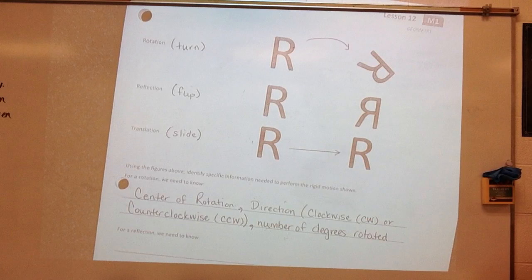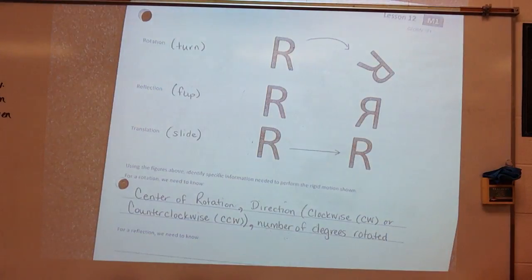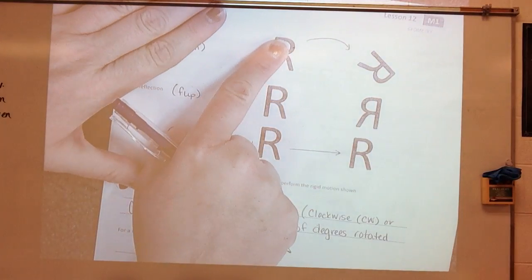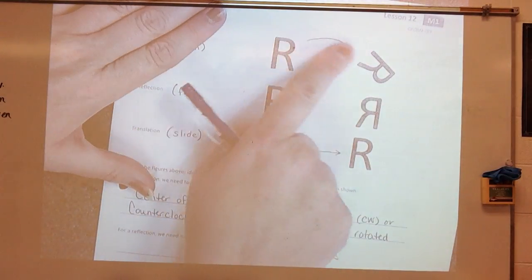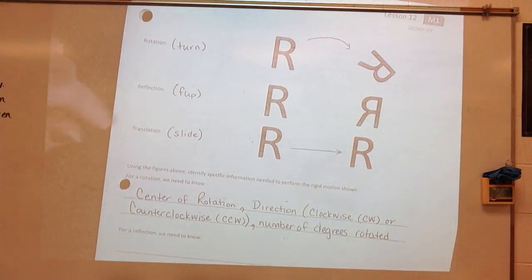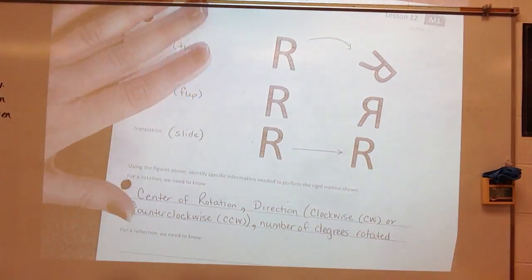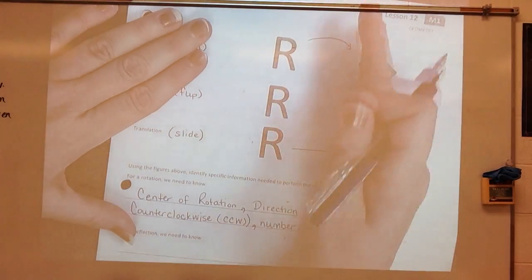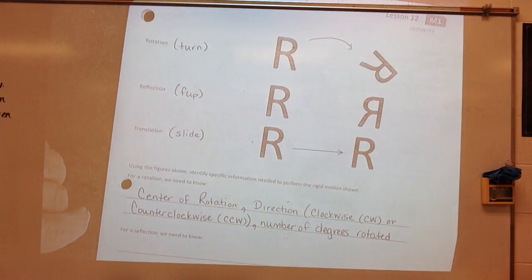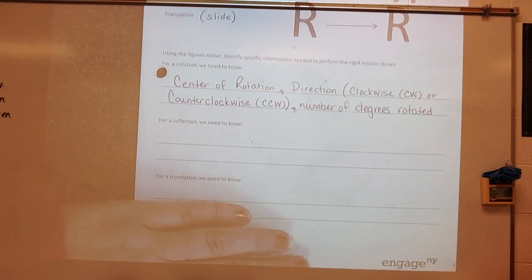Am I only going to rotate 20 degrees? How much am I going to rotate? In other words, how far am I going to rotate my figure around? Here, you can see it didn't quite do a full 180, because if I did a 180-degree rotation, my R would be standing up on its top. All right? So those are the three things that we need to know for a rotation.